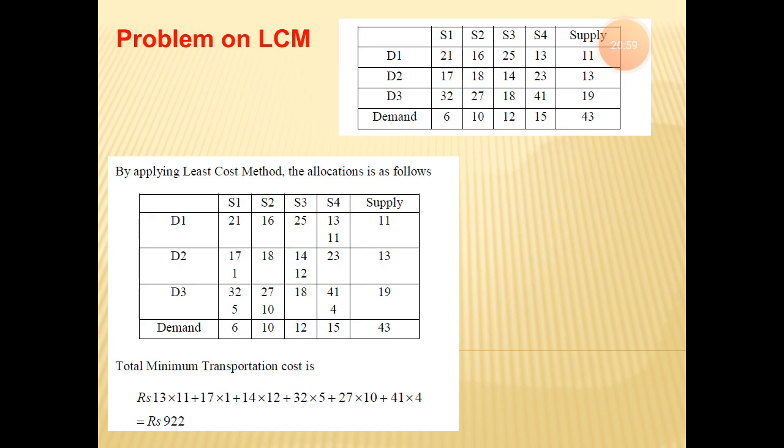In the D1 row, 13 is the lowest cost. Here the supply is 11, so you allocate 11 here. D1 is satisfied. No more supply is available; the supply is 0.